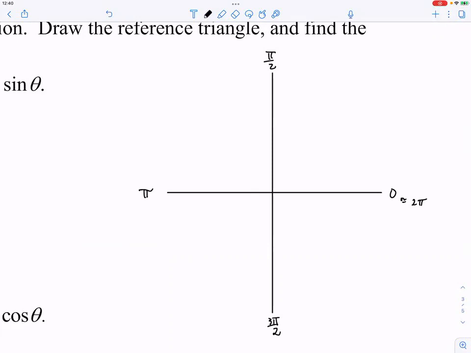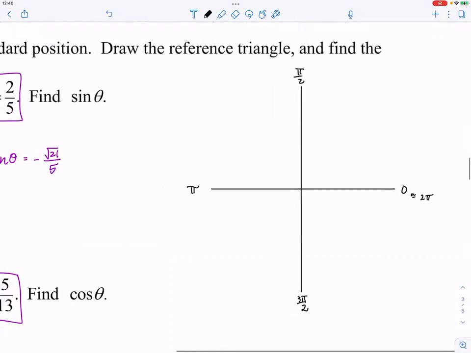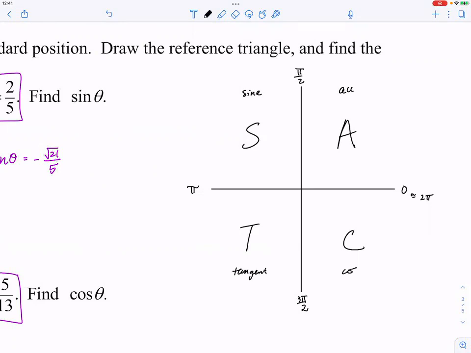Okay. Now if you ask any calculus student or pre-cal student, they would know how to draw this. This is A, S, T, C, A, S, T, C. Now these letters stand for all, sine, tangent, and cosine.